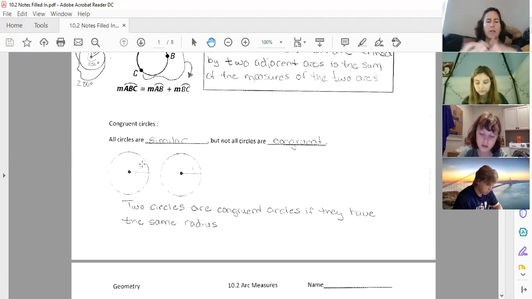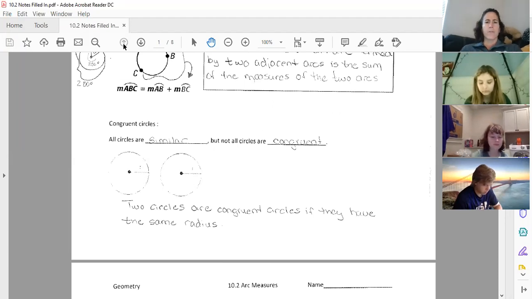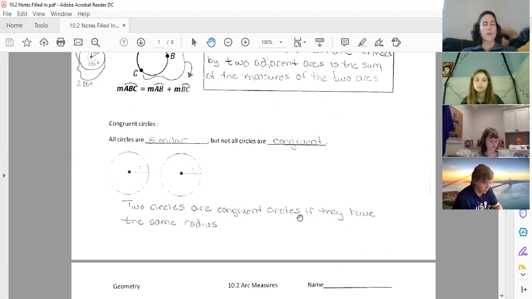So all circles are similar, but they're not always congruent. And two circles are congruent circles if they have the same radius.